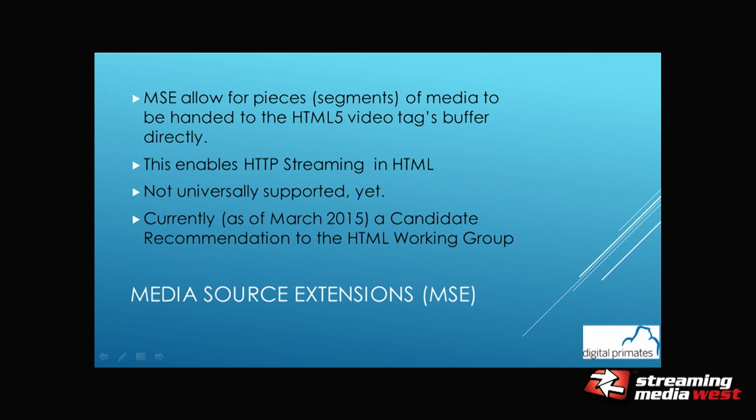You can simply say, okay, now give me segment 27 instead of where I currently was. The other thing, since we have it broken up into small segments, is we can make decisions about switching from one bit rate to another. And we can build out adaptive bitrate streaming applications natively in HTML, which is, of course, where most of my clients want to be. They're not universally supported yet, but they're getting closer and closer.